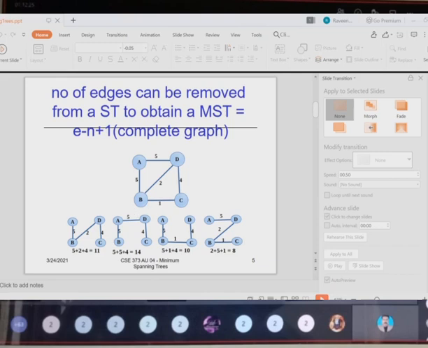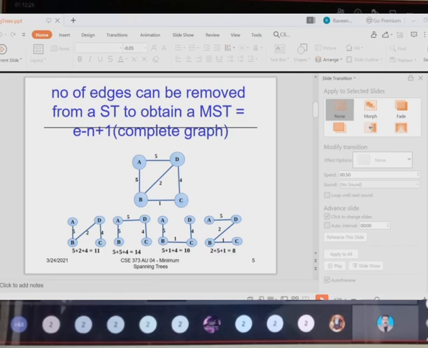Then the implementation of this Kruskal's algorithm can be with adjacency list, priority queues, and also disjoint sets. Then we have to follow this Kruskal's algorithm procedure until we reach v minus 1 edges.